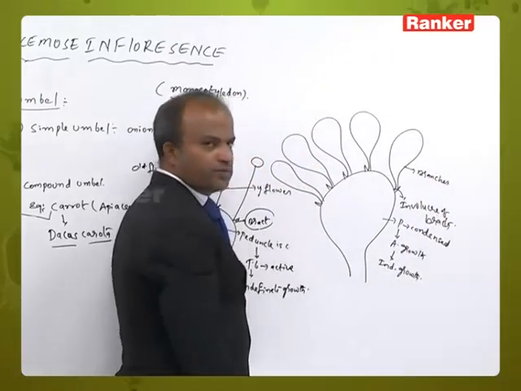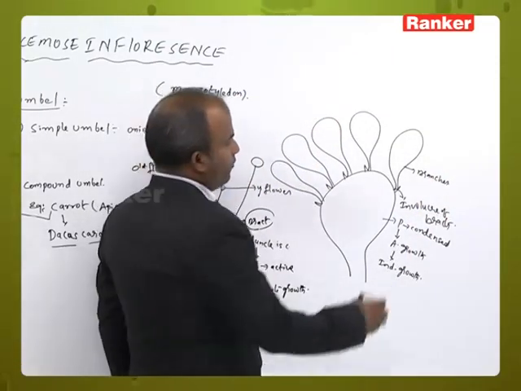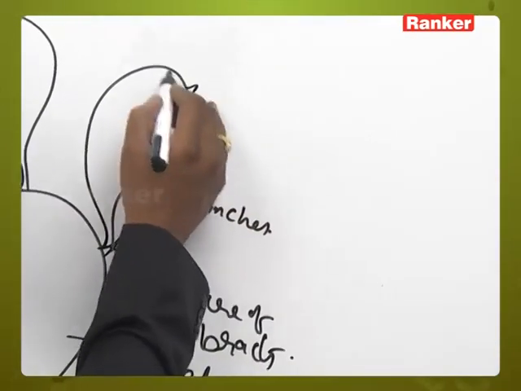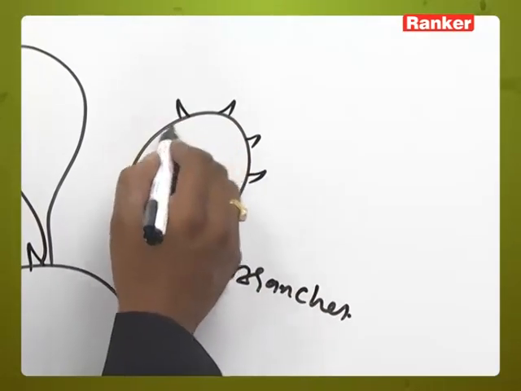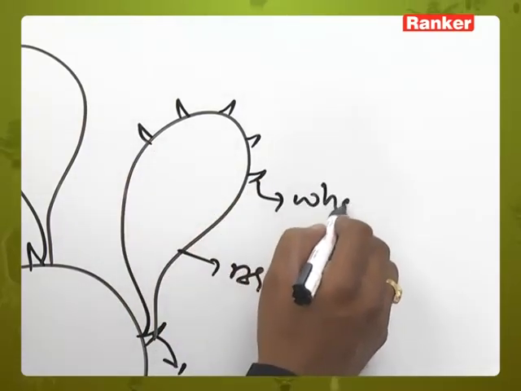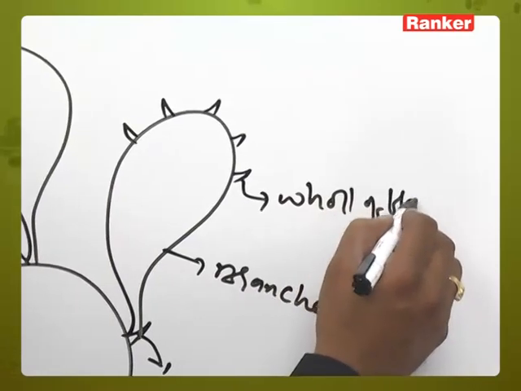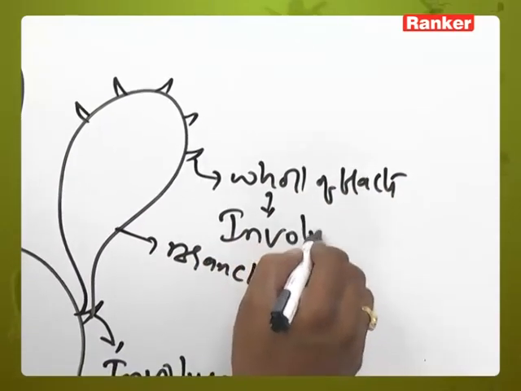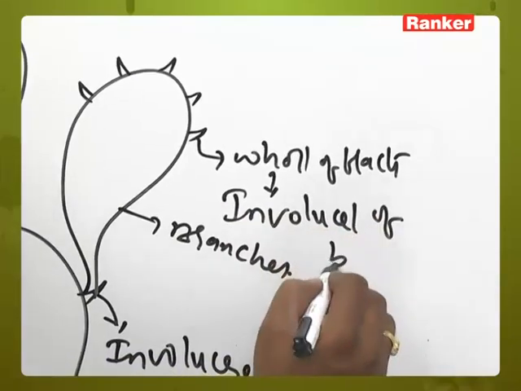These branches also show whorls of bracts. This whorl of bracts on the branches is nothing but an involucel of bracts.